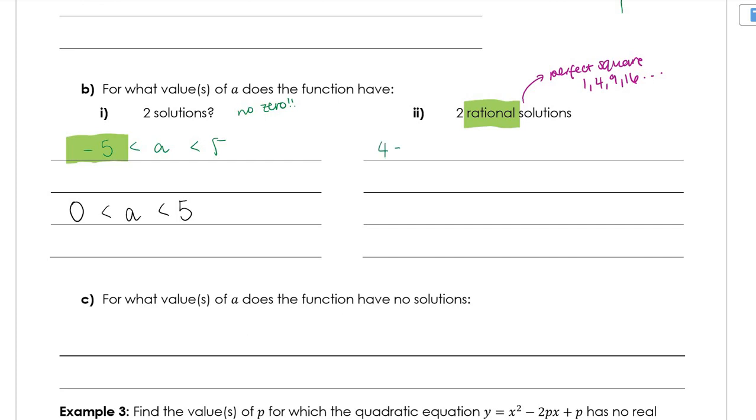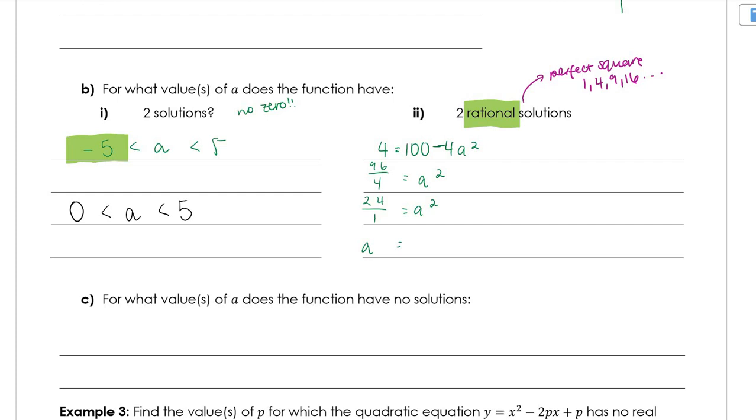So if we had 4 equals 100 minus 4a squared, we're just going to solve that as per usual. So taking away 100 and dividing by -4, I've got -96 over 4 is equal to a squared. I can simplify that down. I've got -24 over 1 equals a squared. So that should be positive, my bad, positive 96 and positive 24.